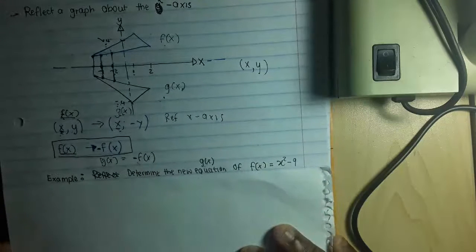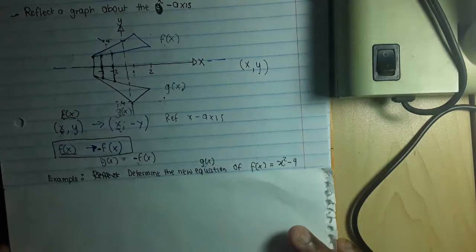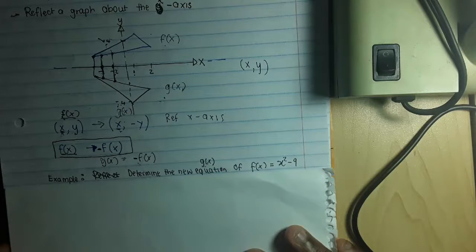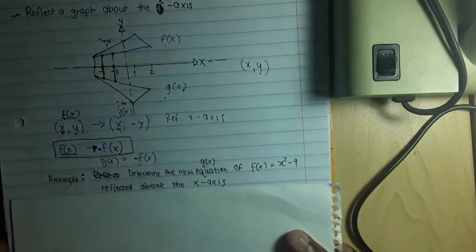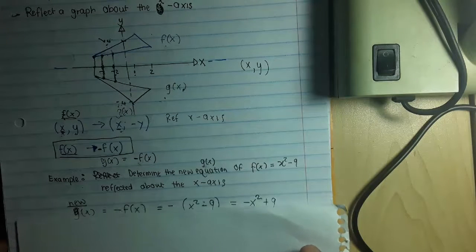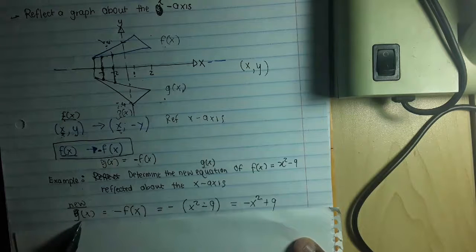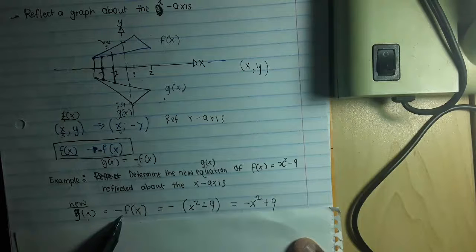Now if we look at this particular example, they ask us to determine the new equation of f of x equals x squared minus 9 reflected about the x-axis. So we name a new function g of x, and we let it equal that old graph, but we add a negative.